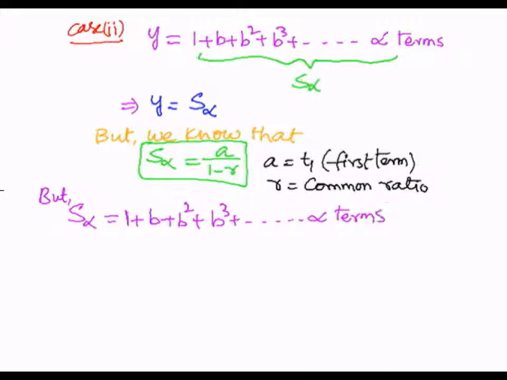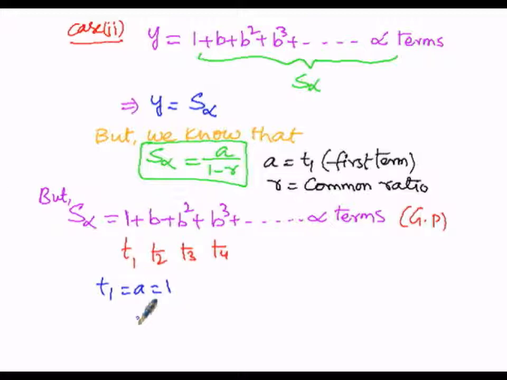Now we assume t1 as the first term and t2 as the second term, which is b. The third term is b square and the fourth term is b cube, consisting of an infinite number of terms in that progression. Since this progression is in GP, we can write t1, the first term, as a, which equals 1.